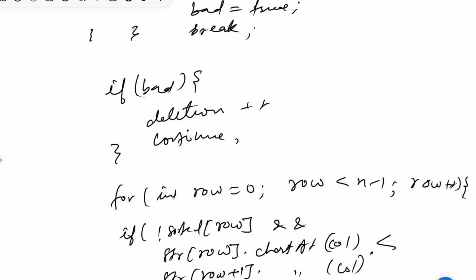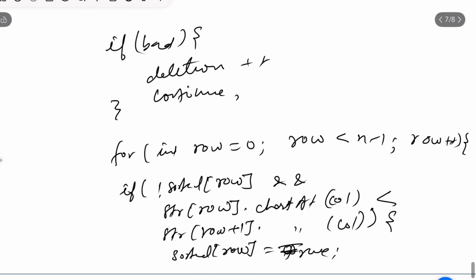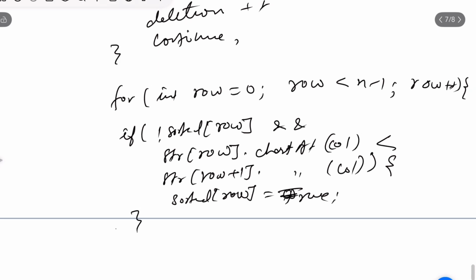If this is the case, then we'll say sorted at row equal to true, mark it as true. Once these are done, you just return deletion.